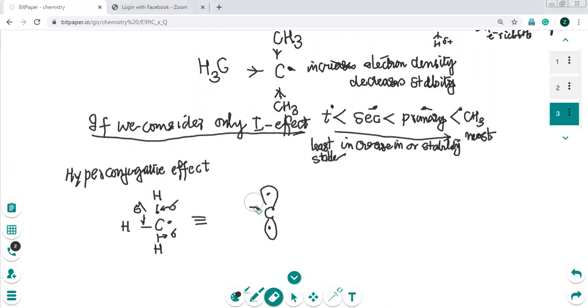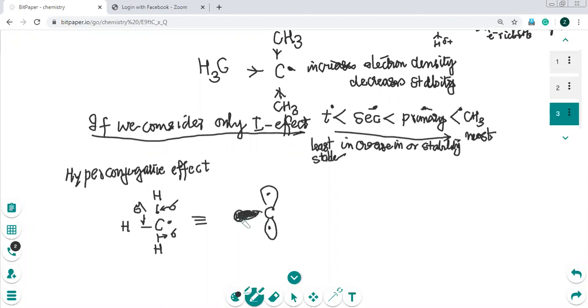Okay, so let me draw this bond. This is a bonding orbital. Remember this. This is in a perpendicular plane with the hydrogen. Okay, I will blacken this. Why am I blackening it?